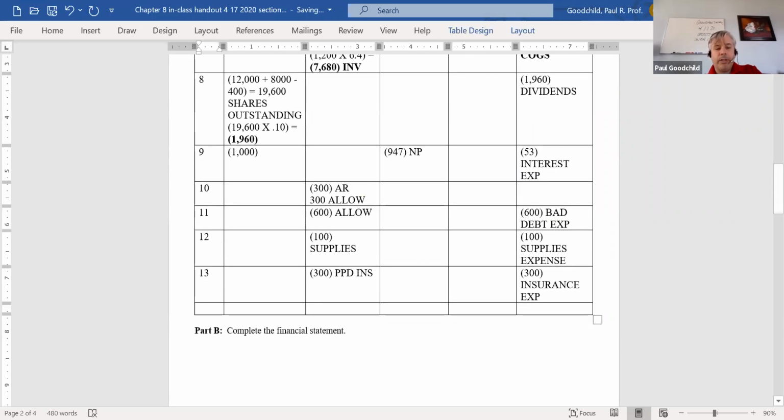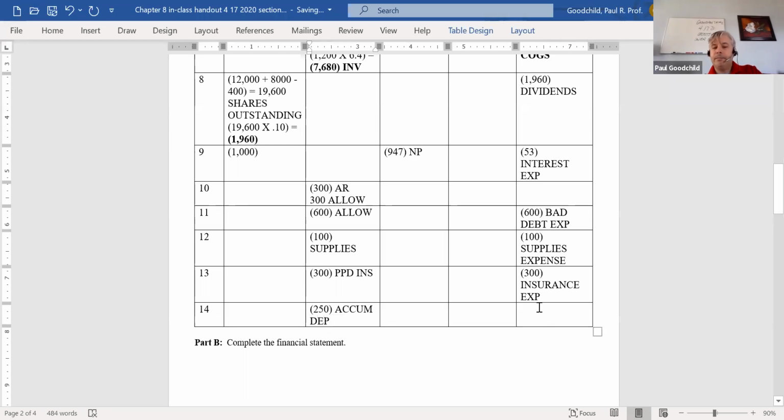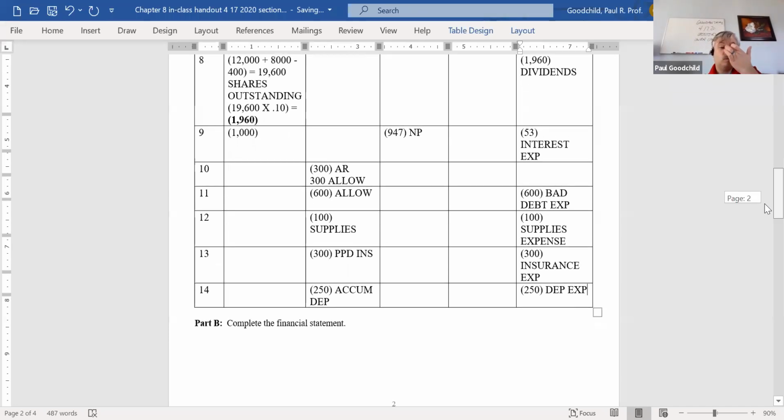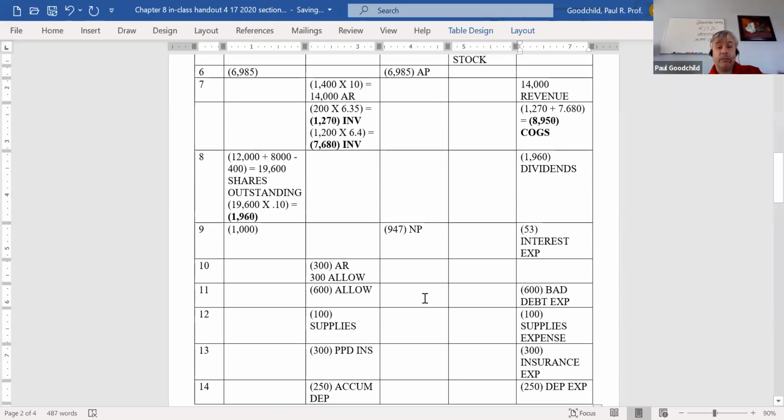So for 14, we have 250 for accumulated depreciation and 250 for depreciation expense. Excuse me.